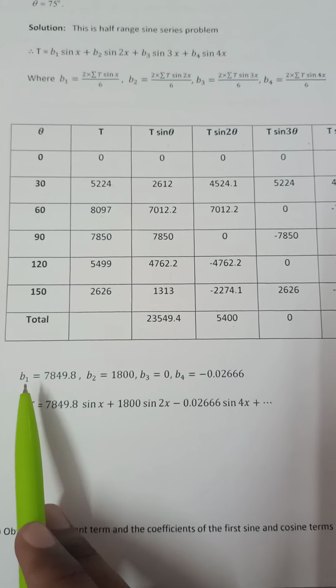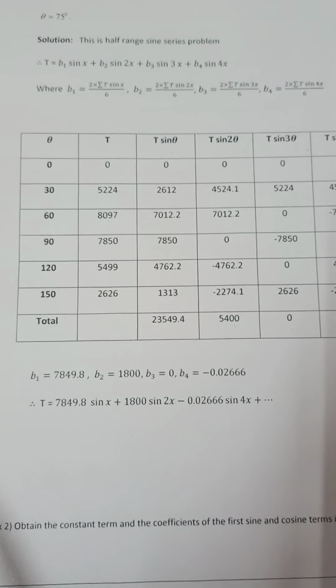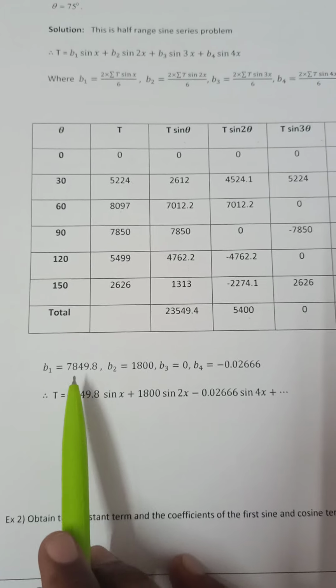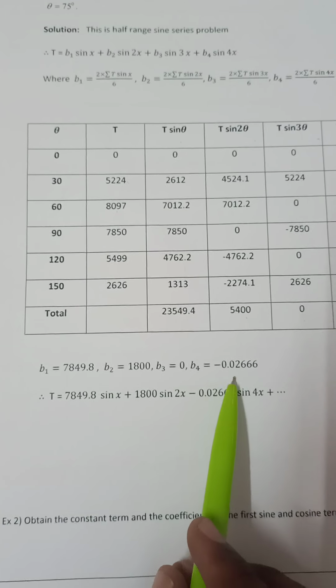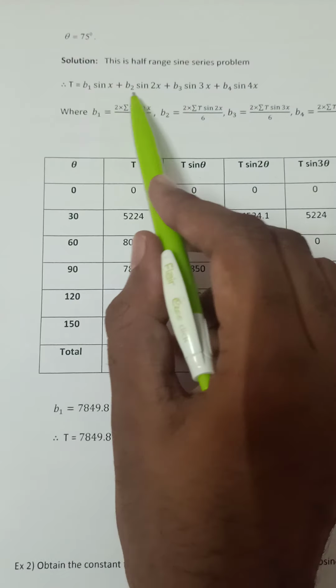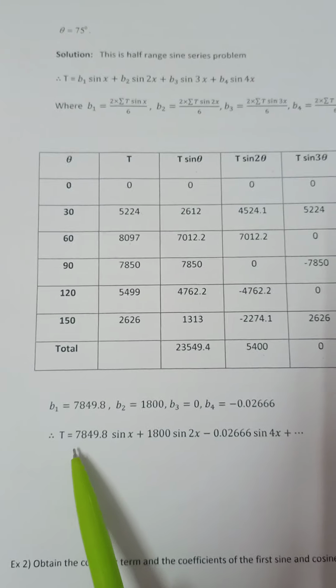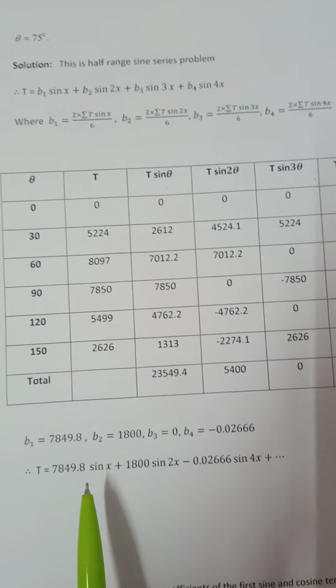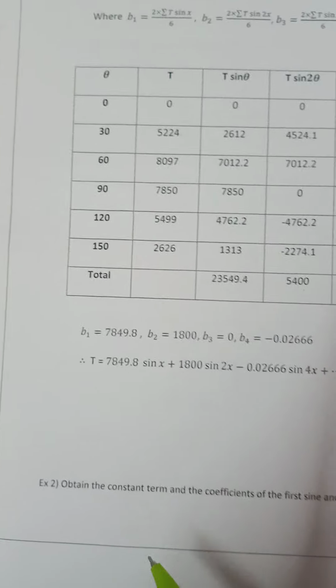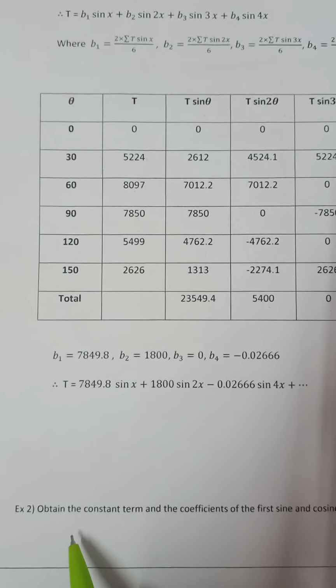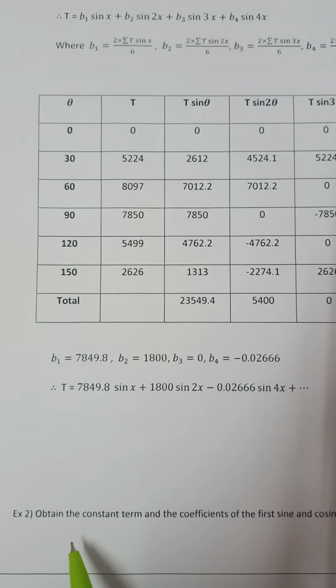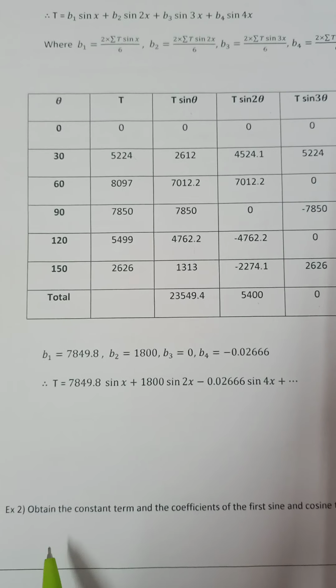You will get b1, b2, b3 and b4, and substituting these values in the Fourier series, you will get the expression for T. In this way we have expressed T as a function of x.